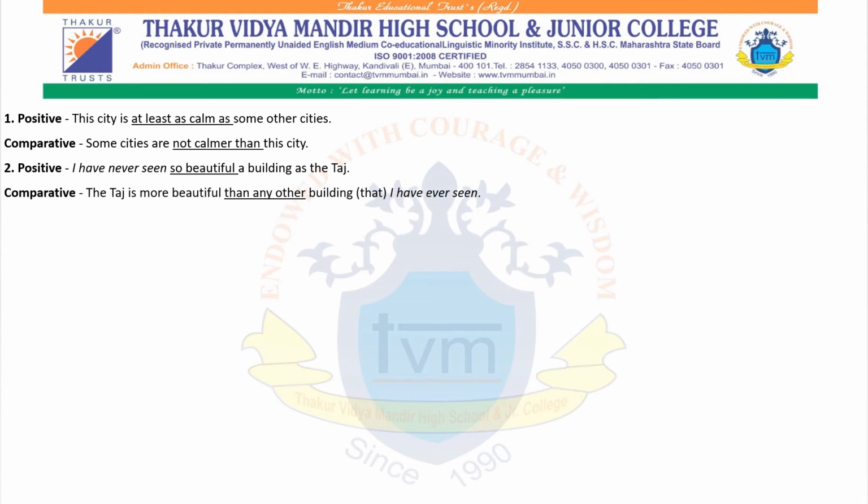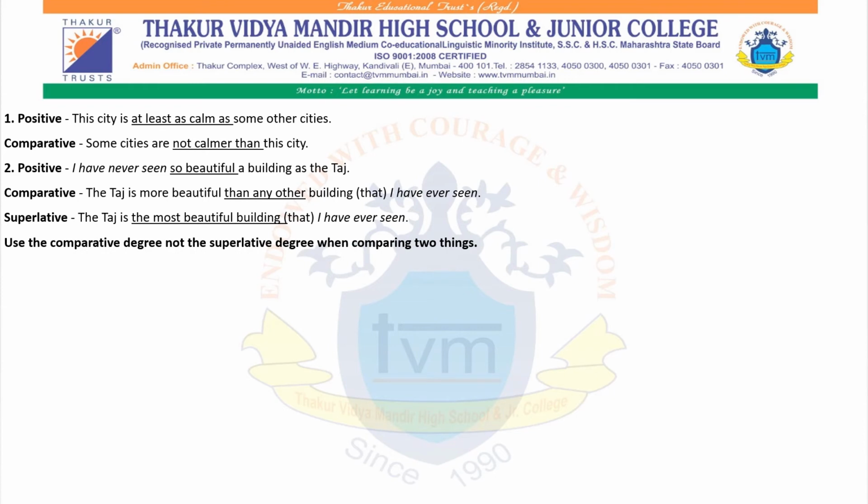Comparative: The Taj is more beautiful than any other building that I have ever seen, and thus the meaning remains the same. Superlative: The Taj is the most beautiful building that I have ever seen. Use the comparative degree and not the superlative when comparing two things.